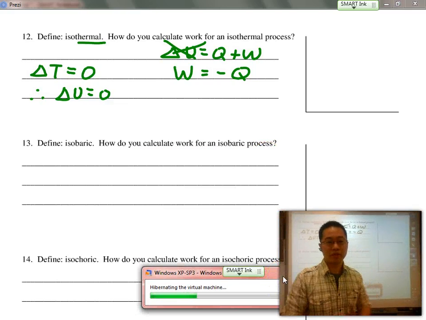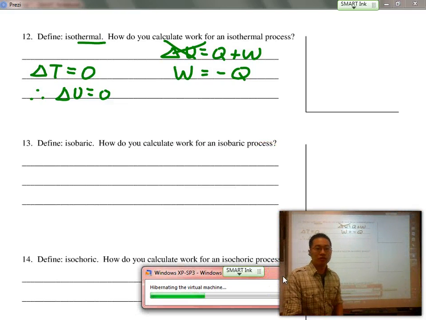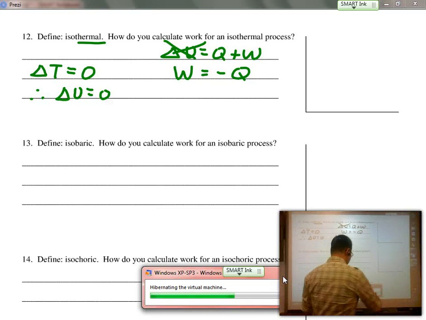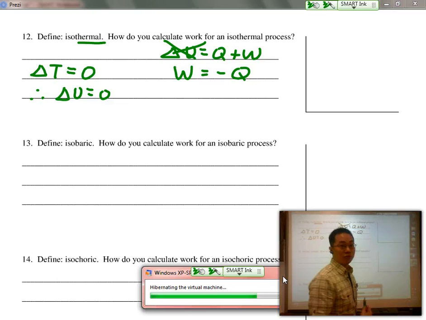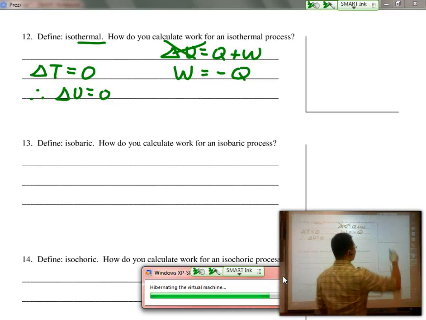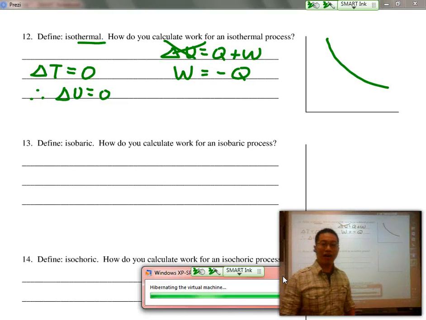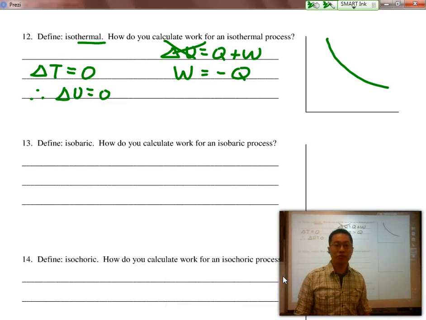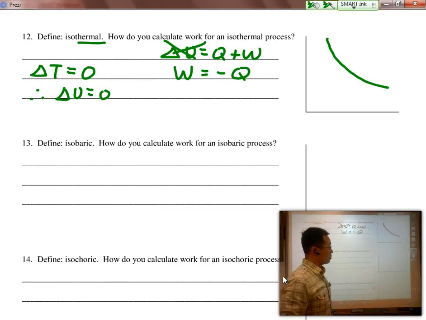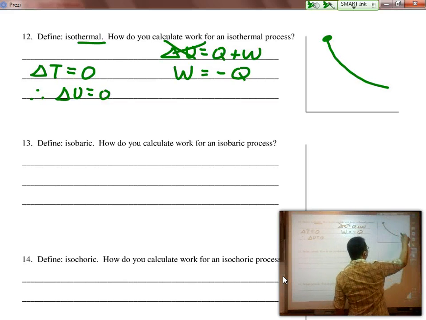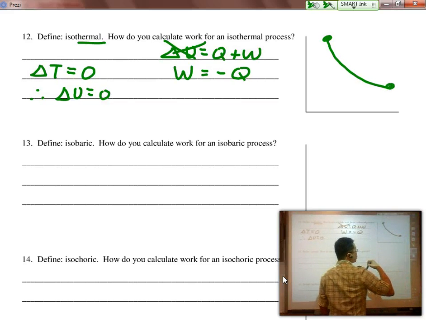Okay. Now, if I were to graph an isothermal graph, it will look very similar to what I just did before with the adiabatic. It will look like this. I'll talk to you in a minute about how to distinguish between the two, but for a moment, just bear with me, okay? In this case, with the isothermal graph, that means the temperature at location 1 is equal to temperature at location 2.